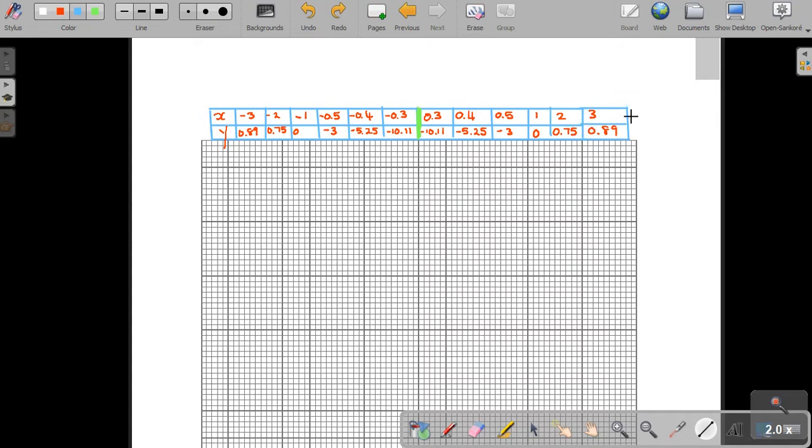Okay, and now I'm just going to plan my axis. So in this case, okay, that is fine, but just look at the y values. The lowest one, it seems to me, is -11. Do you see -11? The highest one, what is the highest one? It was not more than 1.